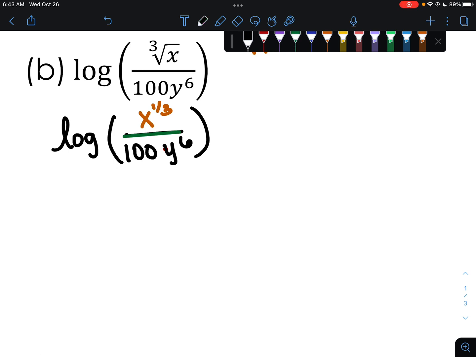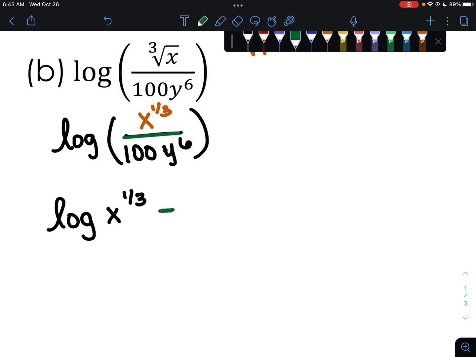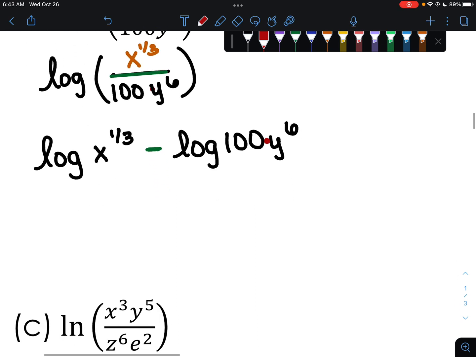So what that looks like is log of x to the 1/3 power minus log of 100 y to the 6th power. Now, I said we should end up with 3 different logs, and right now we only have 2. And again, if you want to put parentheses around this, you can.